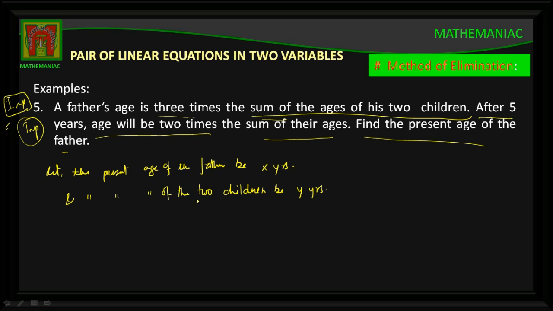Two children, I have said this is the combined age of two children, right? I'm not considering both their ages separately. No need to introduce any third variable here, right?